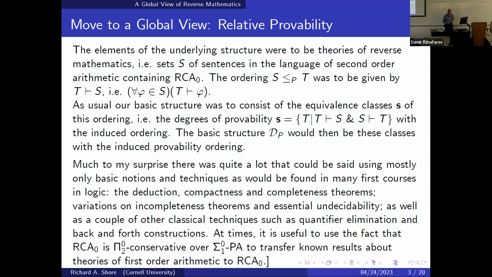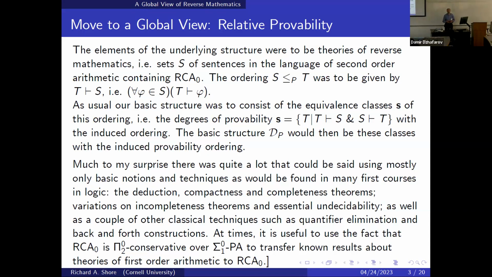There's a theorem in reverse mathematics about conservation that says that RCA naught is conservative for certain sentences over a first order theory. So conservative means that it doesn't prove any new theorems.